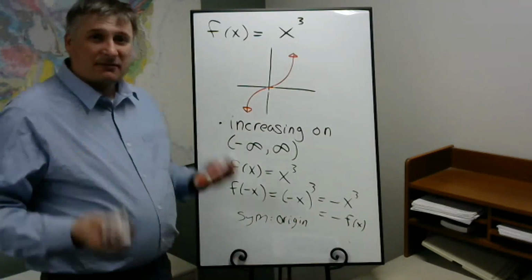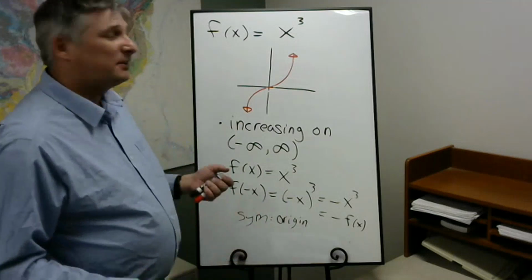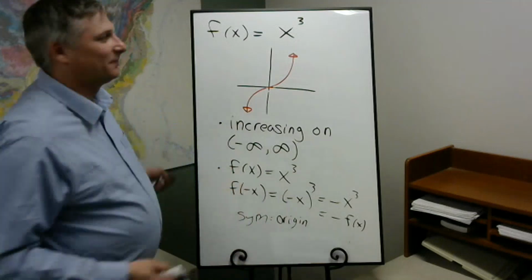So we've looked at f of x as x, x squared, and x cubed. Let's look at some negative exponents.